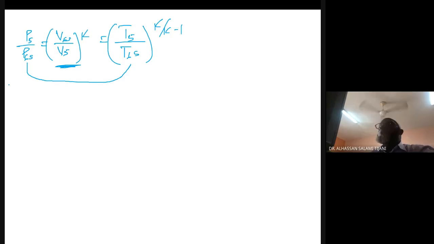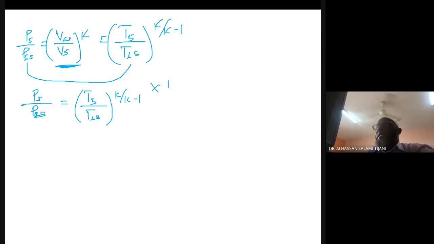Now we will have P5 over P6S equal to T5 over T6S, all raised to the power K minus 1.